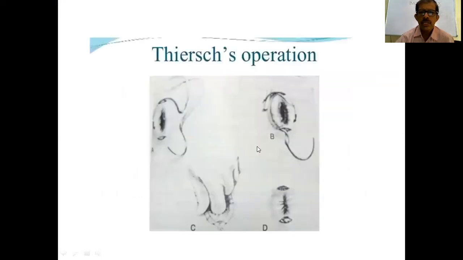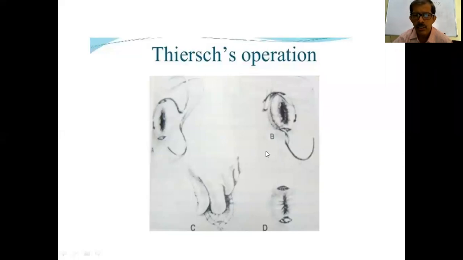So this is Thiersch's operation, wherein you can see two incisions are given both anteriorly and posteriorly. Through that, we will pass the thick suture material, usually either steel or thick Prolene, along the circumference of the anal canal and to a certain extent inside and in depth.